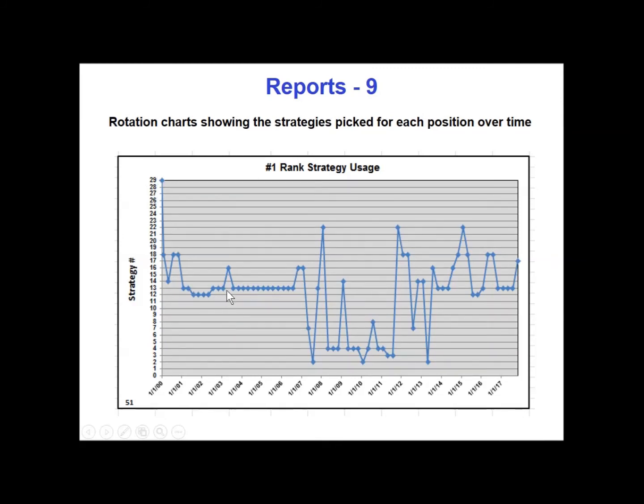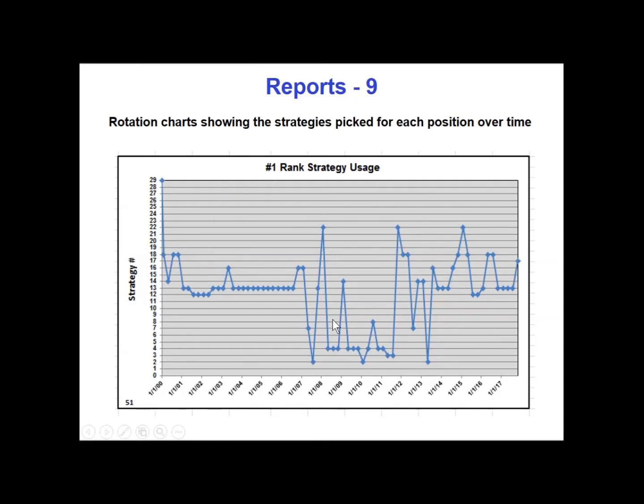And then over time, you can see for a long period of time here, the number one position was strategy 13. And then, well, look at this. This is 2008 and 9 right in here. So the number one started bouncing around to different strategies.